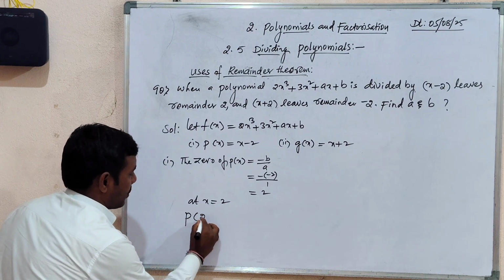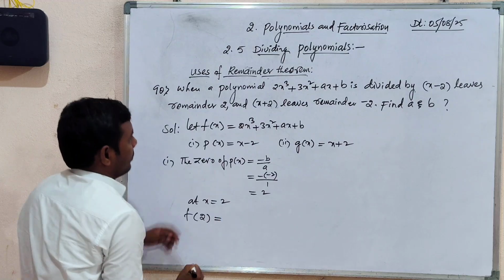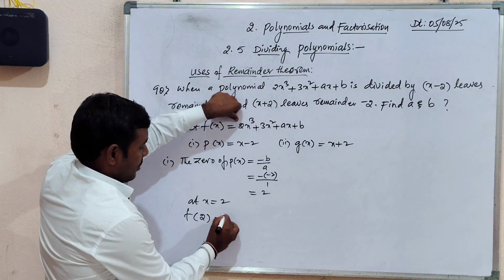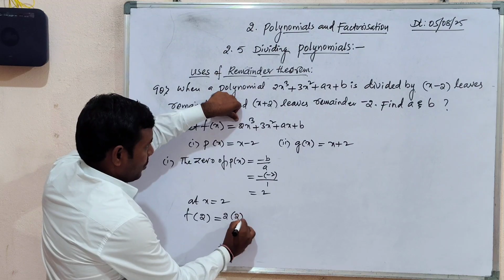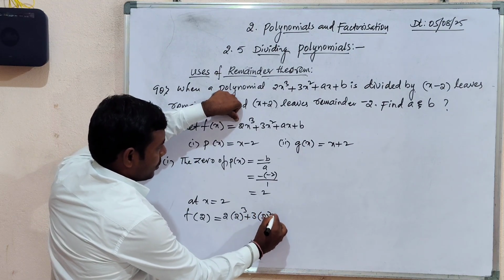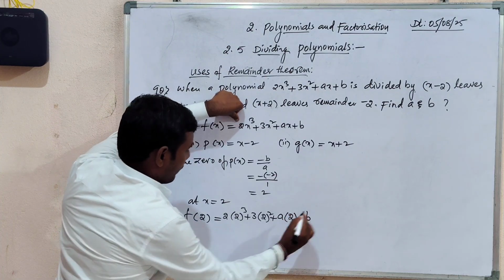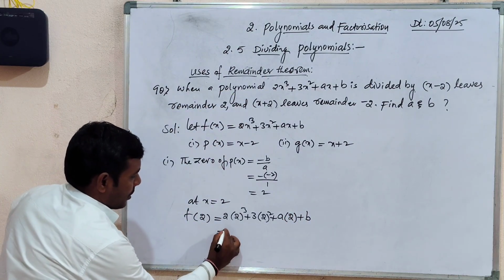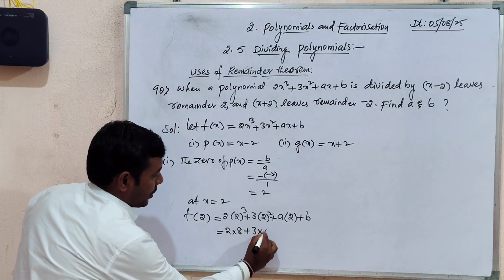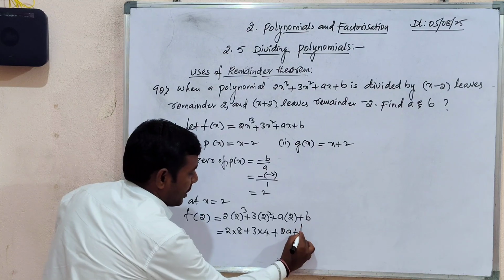Now f of 2 is equal to, we are substituting 2 in f of x. Now 2 into 2 power 3, 3 into 2 square, a into 2 plus b. 2 into 2 power 3 is 8, 3 into 2 square is 4, 2 into a is 2a, plus b.